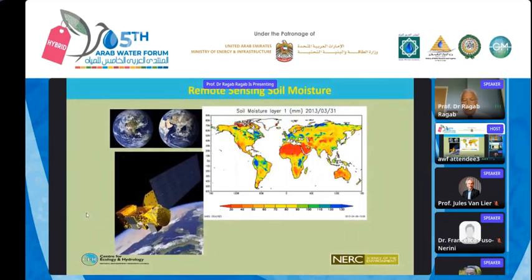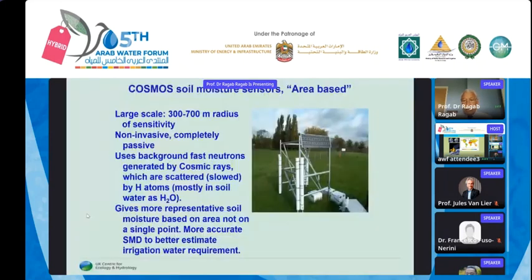And then we went to remote sensing, and we had a problem because remote sensing only measures the soil moisture in the top 10 to 12 centimeters. And then we came to the Cosmos, and the Cosmos can give us integrated soil moisture values for a 300 to 700 meter radius. It is non-invasive, completely passive, and detects underground fast neutrons.